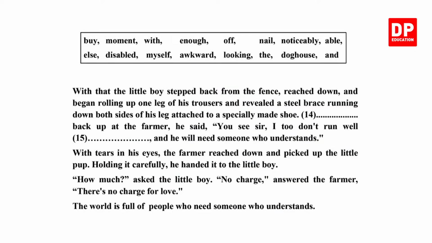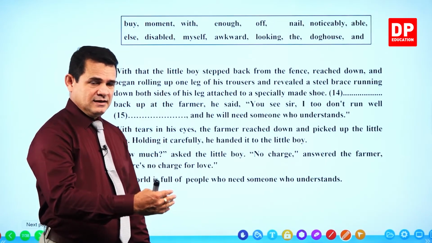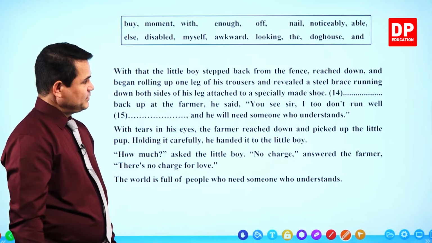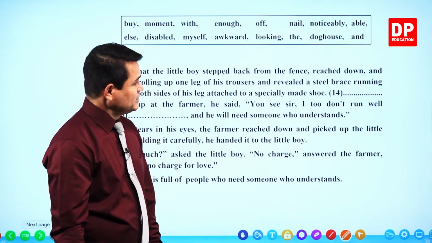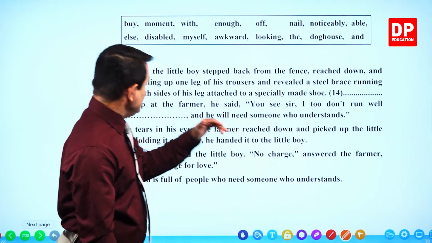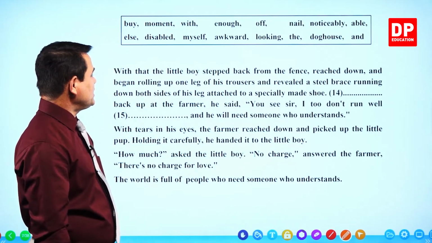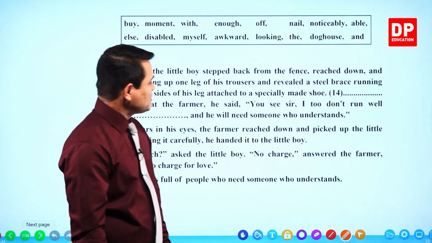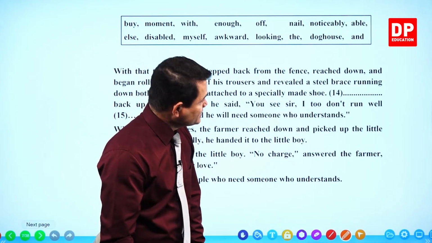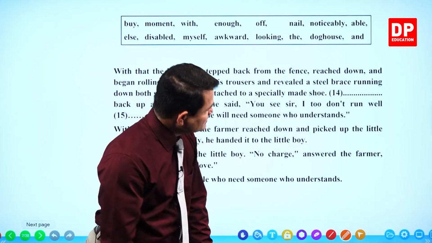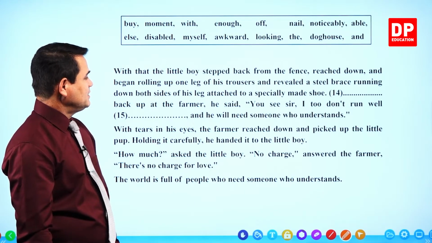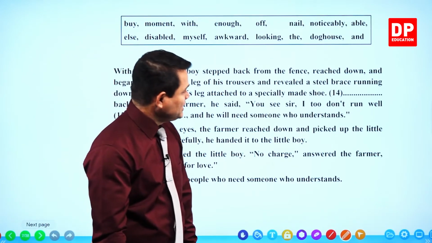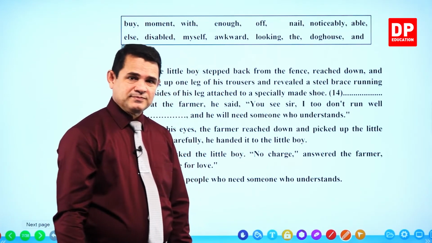With that, the little boy stepped back from the fence, reached down and began rolling up one leg of his trousers and revealed a steel brace running down both sides of his leg, attached to a specially made shoe.